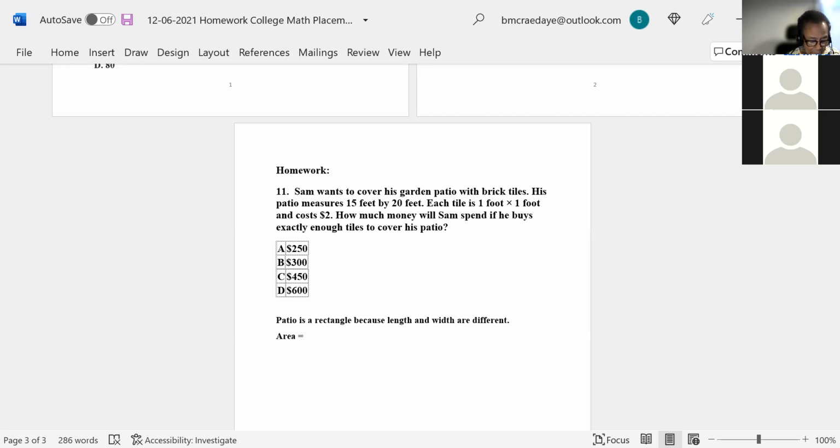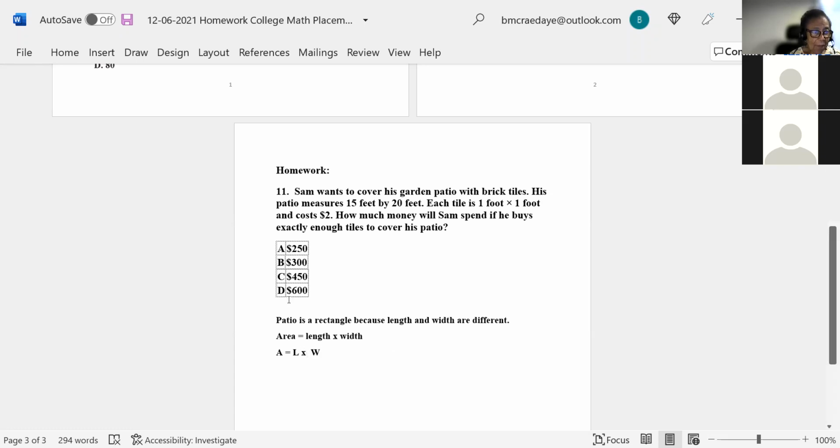So area equals length times width. Area is length times width, so we'll say A equals L times W. And this is multiplied, so we use the times sign.